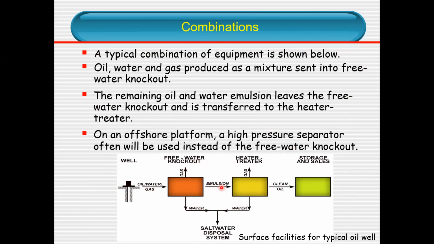When you have emulsion which cannot be separated over here, this emulsion goes to another heater treater, which basically demulsifies the emulsion into water and clean oil. The clean oil goes to storage and sales, and the water is cycled back and disposed into a well after, of course, it is treated.